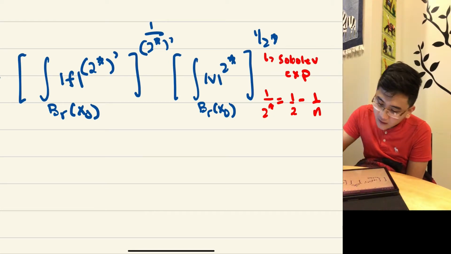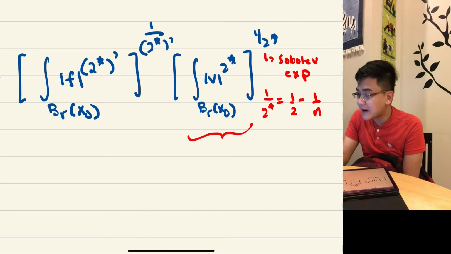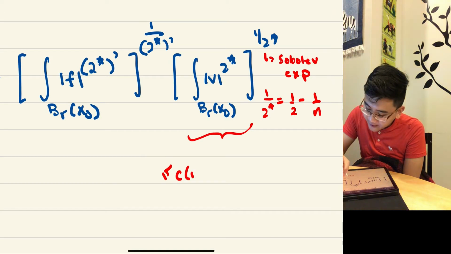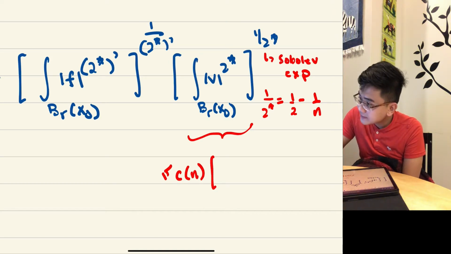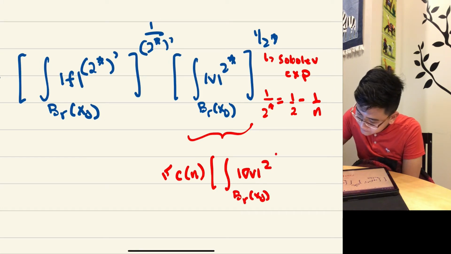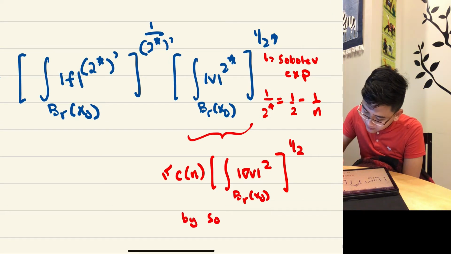In particular, I know that I can control this by some constant dependent on n times the L2 norm of the gradient of v, raised to 1/2. This is by the Sobolev inequality.